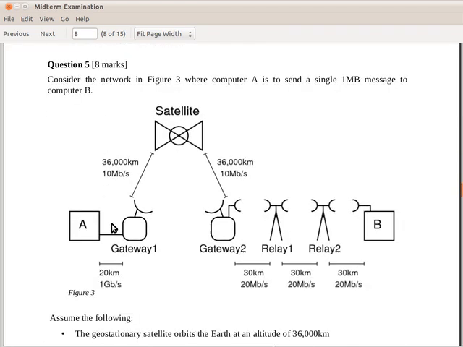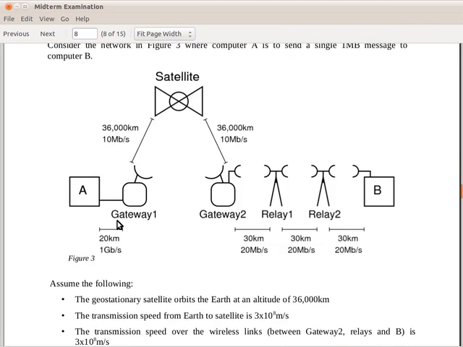This question is about delay, I think. Here's a network scenario. We have a set of links: one link from a computer to a gateway, a link up to a satellite, a link down. So treat all the links separately. The link characteristics are given, the distance and the data rate. In terms of calculating delay, you can find the propagation delay of each link, which is the distance divided by the speed of light.